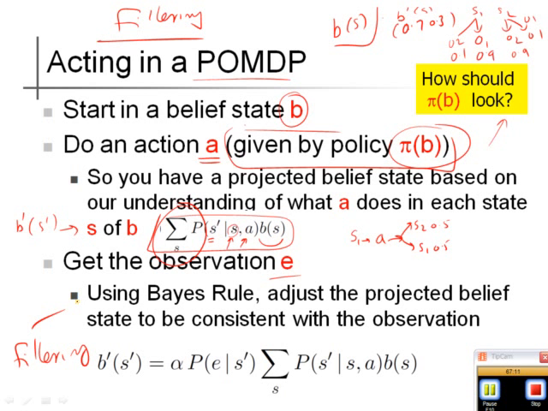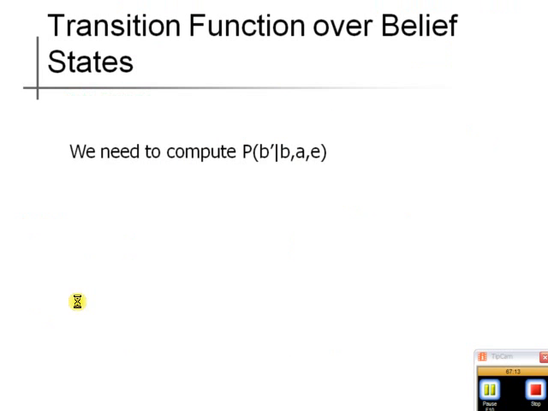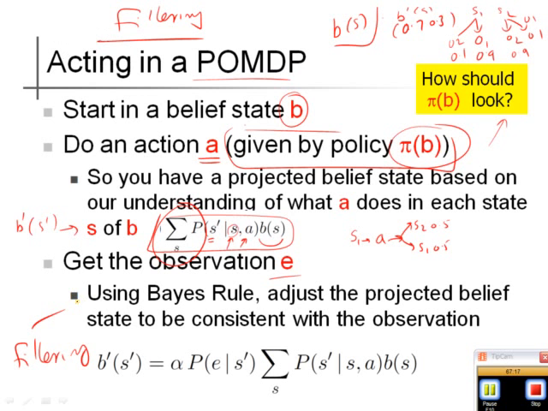Now, the last thing today, and then hopefully we'll discuss value iteration next class, a little bit: since you know how to act in the POMDP, I want to write down something.